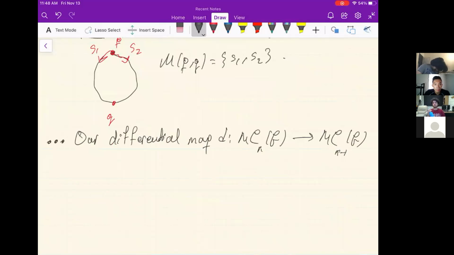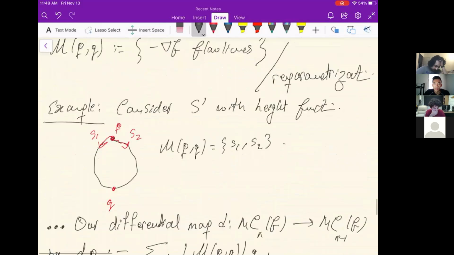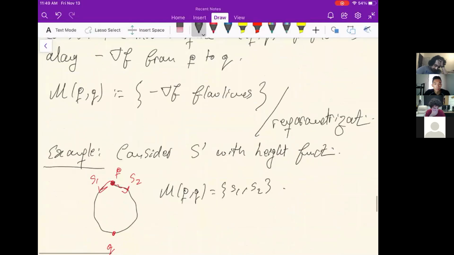By definition, the differential of a critical point, you sum over all points of index k minus 1, take the cardinality of the moduli space of flow lines from P to Q, and multiply it by Q. So this is my differential, and critical points generate my complex.